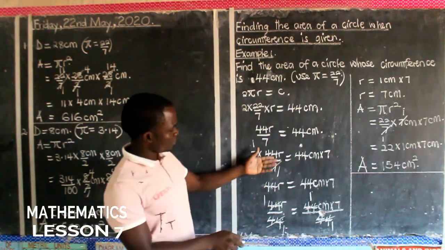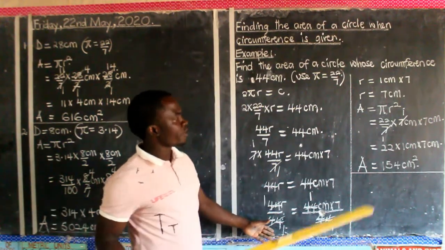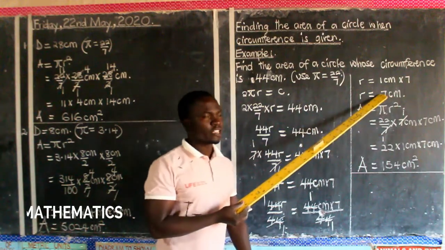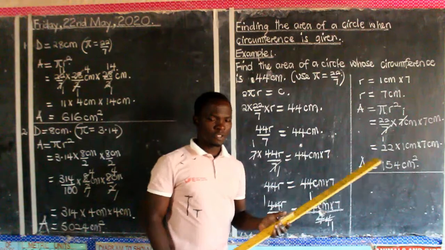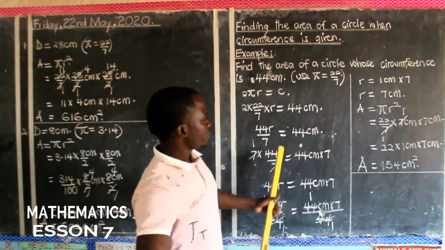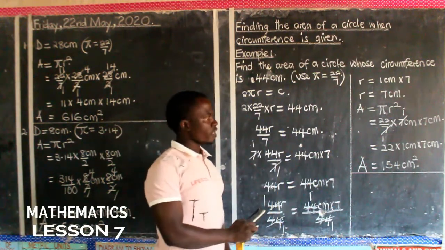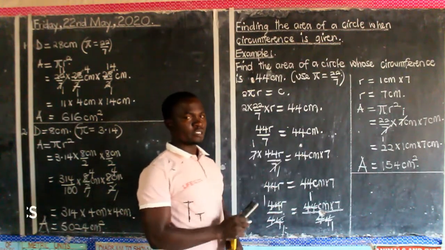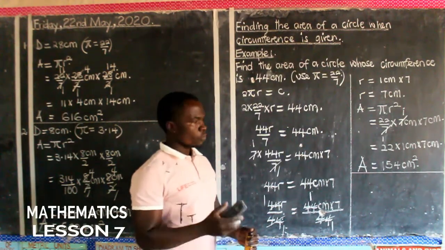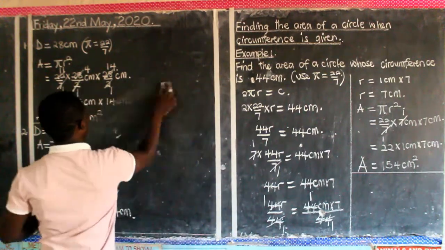You substitute and get your radius here of 7 centimeters. After getting the radius, you can now find your area. There is no shortcut. These are the steps that you should follow to get the area of the circle. Now, we are going to example 2.